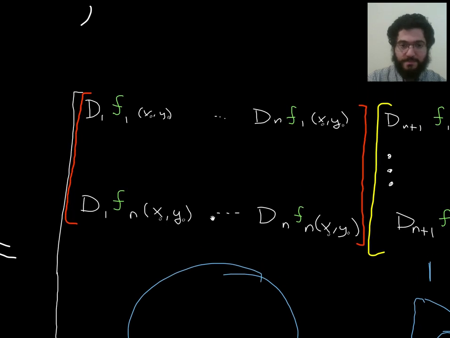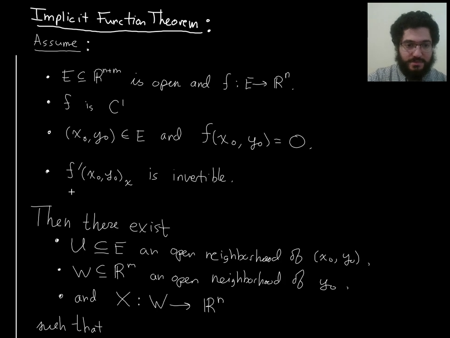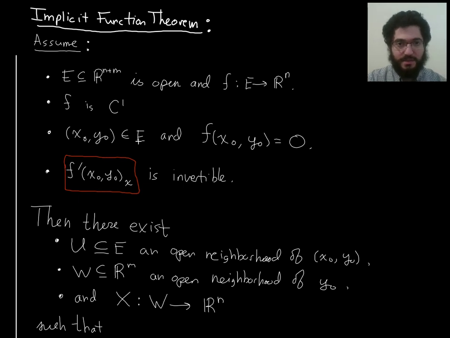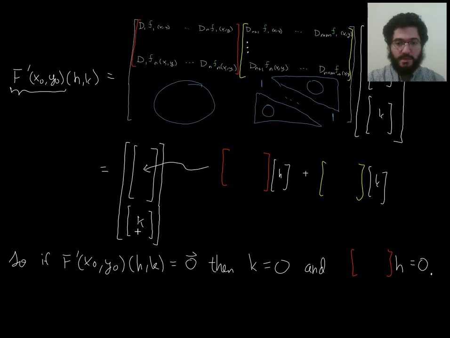The red matrix is the components of the derivative of f subscript x. In my statement of the implicit function theorem, this linear map has matrix representation being that red matrix down there. And I'm assuming it's invertible, so I'm assuming it's injective. So if applying it to h yields 0, then h must be 0.